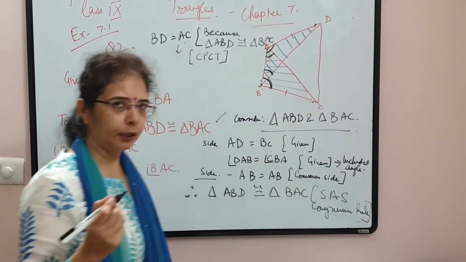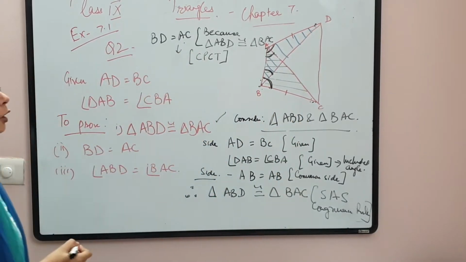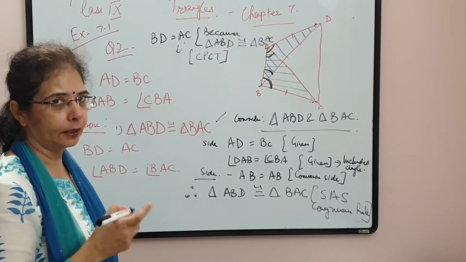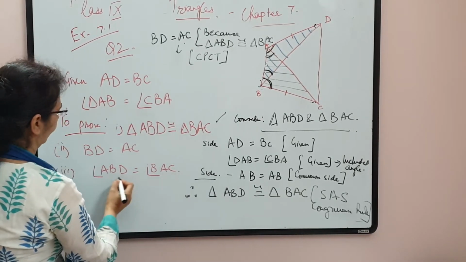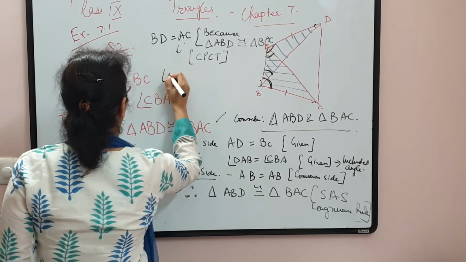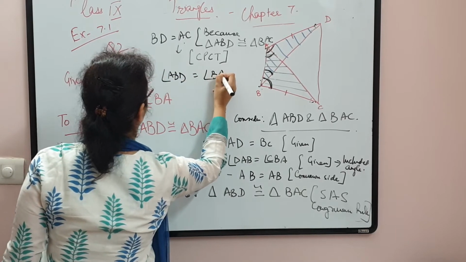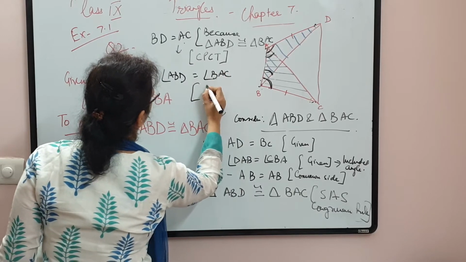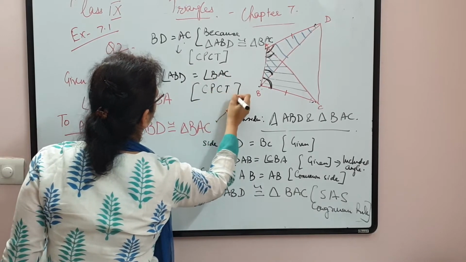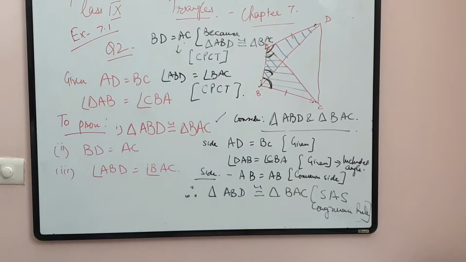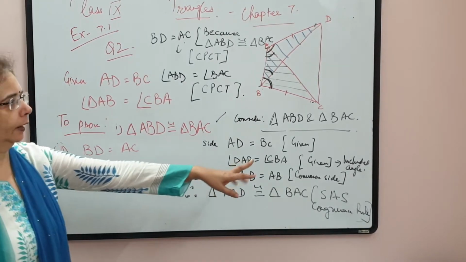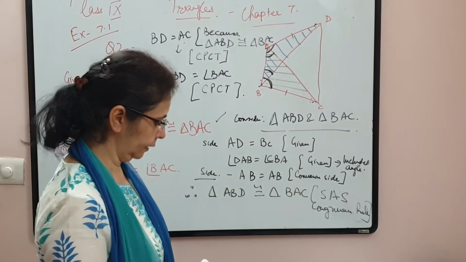That means because AD is equal to BC, the corresponding angles also shall be equal. Therefore, angle ABD is equal to angle BAC. Why? Because of CPCT, they are corresponding parts of congruent triangles, which are triangle ABD and BAC. Okay, children?